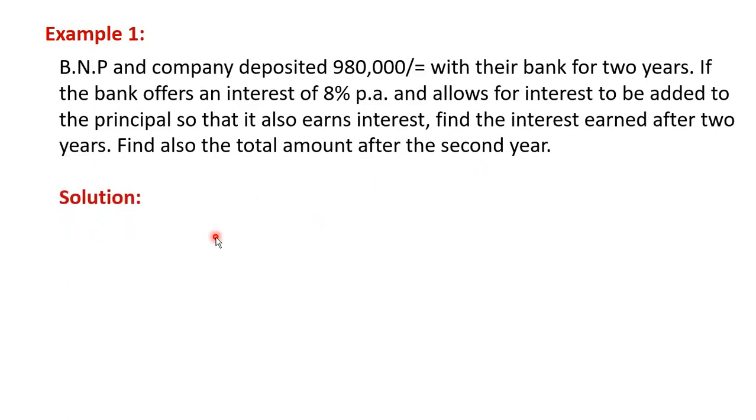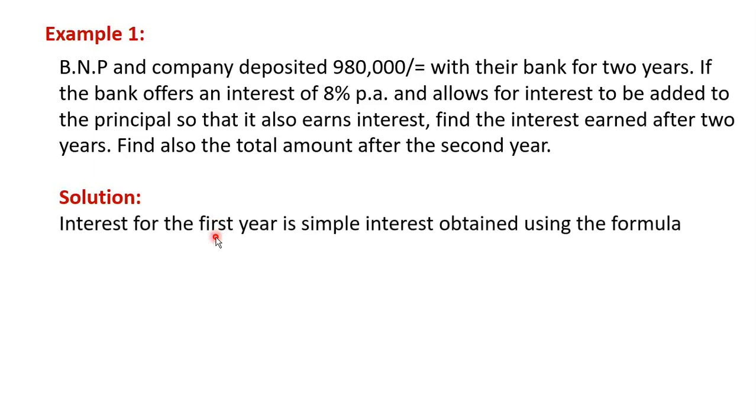Now for the interest for the first year, since we are considering interest for the first year, we can just use the formula interest is equal to P times R times T divided by 100. But remember, R is out of 100. So sometimes you may find that the formula neglects the 100, and I just have I is equal to P times R over 100, so that R is out of 100.